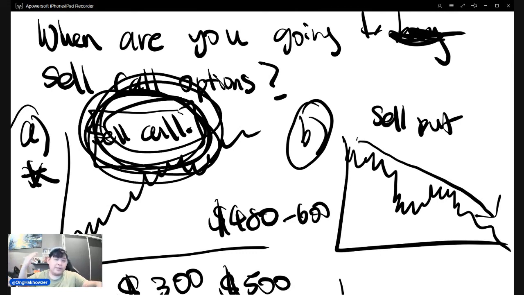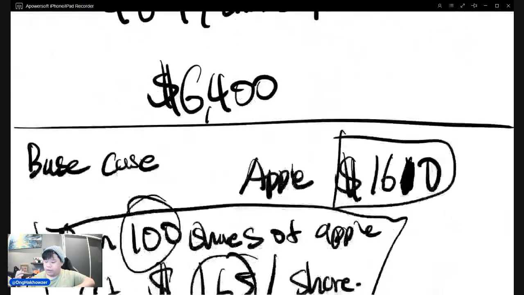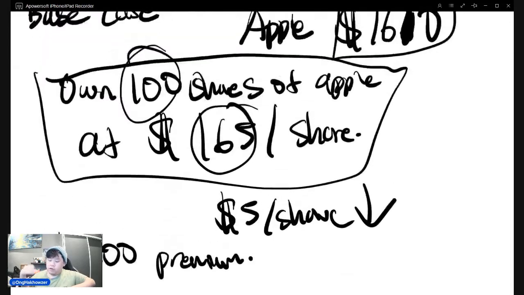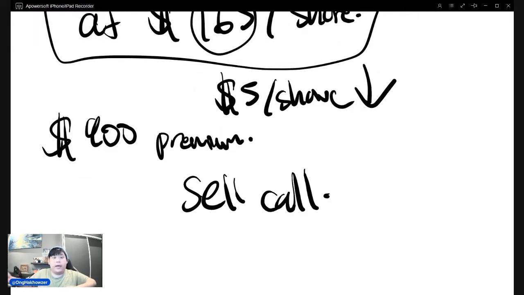Basically, you sell puts, get stocks, and then sell calls with the underlying shares you got from those puts you were executed on. That's the strategy I'm currently using at the moment. So with that, you just go back to selling your calls again, of course at the correct timing.